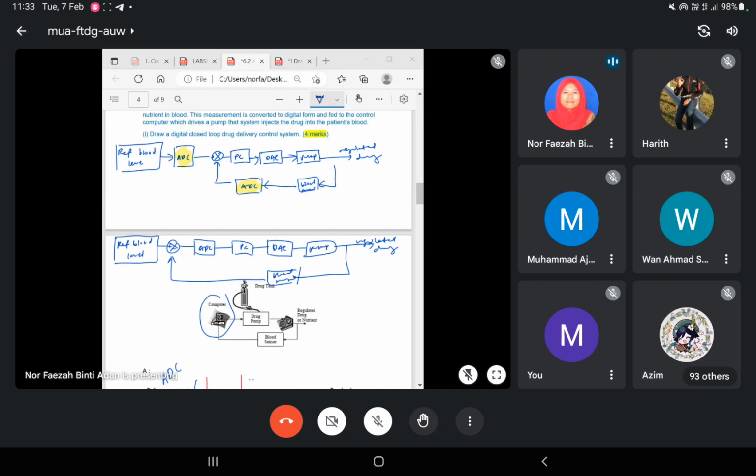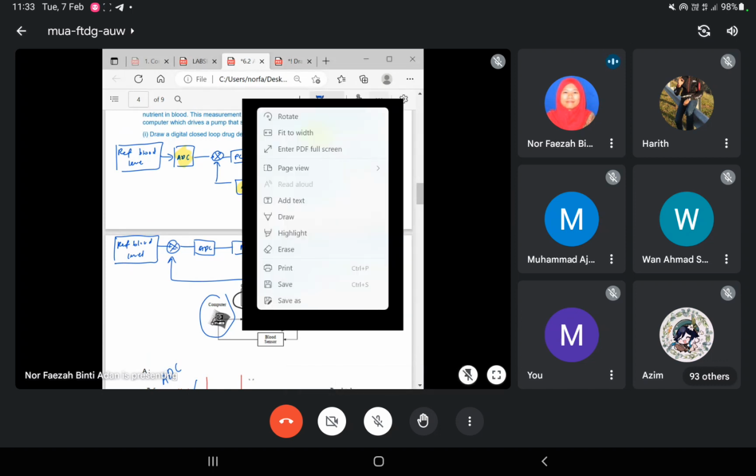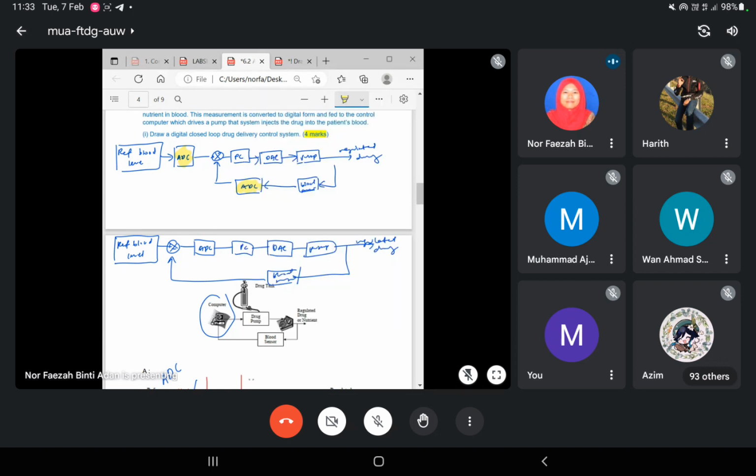So ada dua cara untuk you draw. Satu, you have to put two ADC for each input and also feedback. Satu lagi, way to draw it is to put ADC after your summing junction before your computer, before your controller lah. Okay. So both answers are accepted untuk soalan ni.